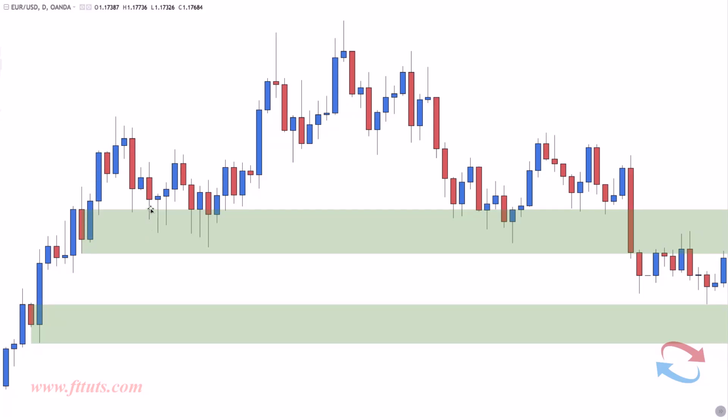When we touch this price level again and people are buying, the smart money are the ones getting in first.